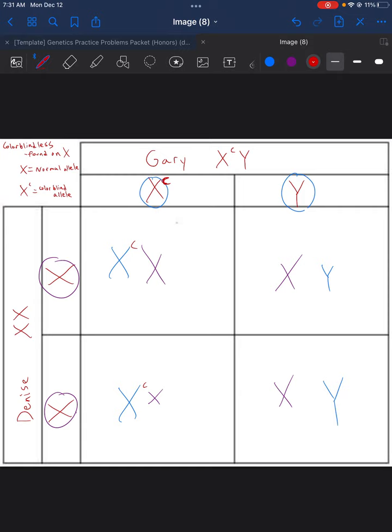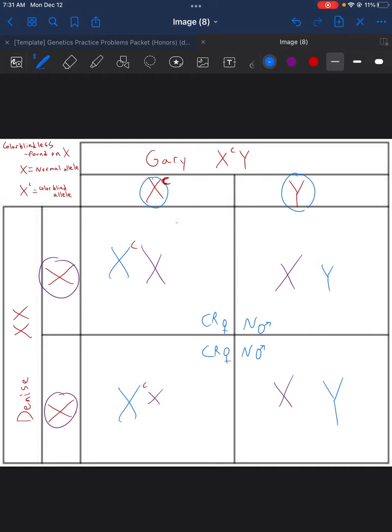That means we will have a carrier female, a normal male, a carrier female, and a normal male.